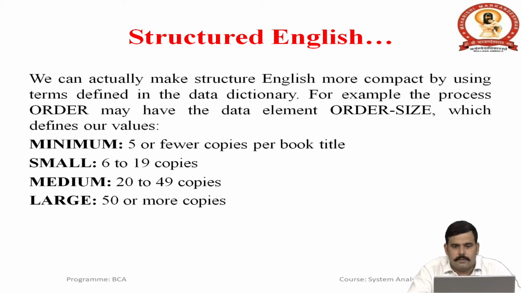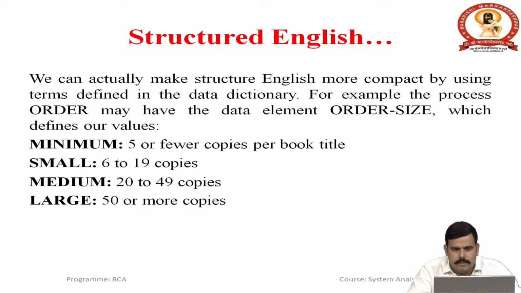On the basis of the data dictionary, we can create structured English that is more concise and more effective. For example, the process order may have data elements like order size, which defines values like minimum if 5 or fewer copies per book title, small for 6 to 19 copies, medium for 20 to 49 copies, and large if it is 50 or more copies.